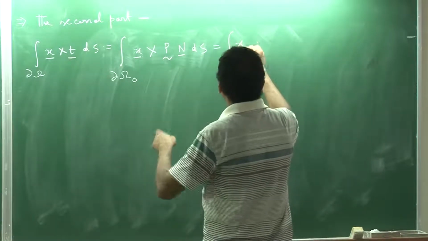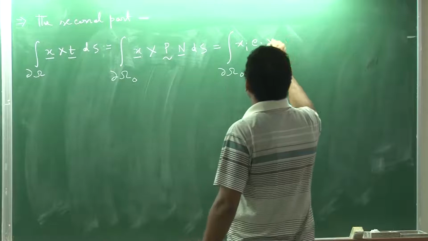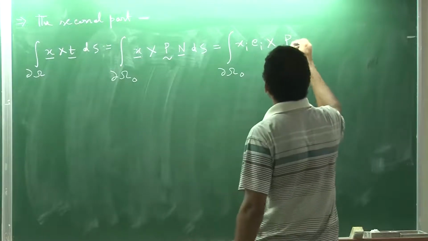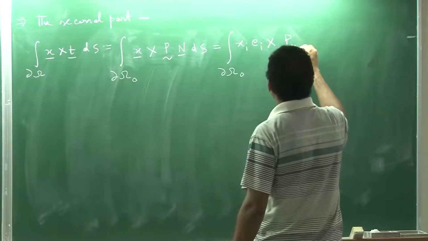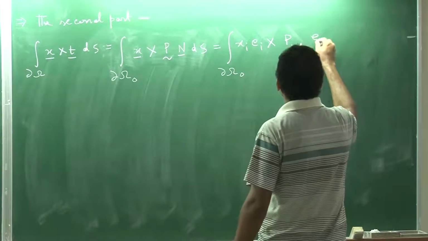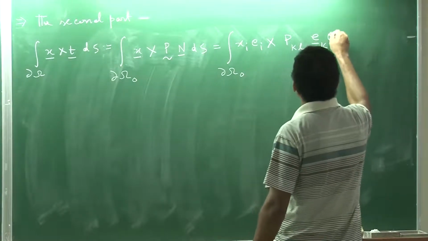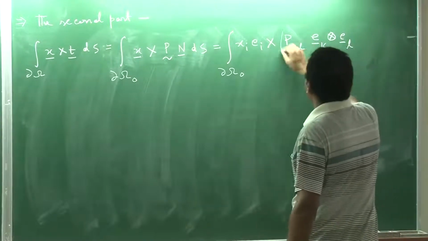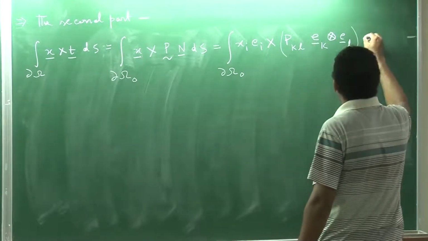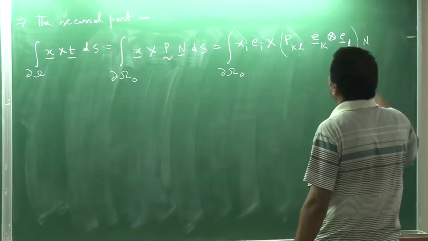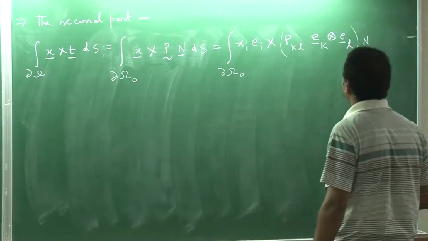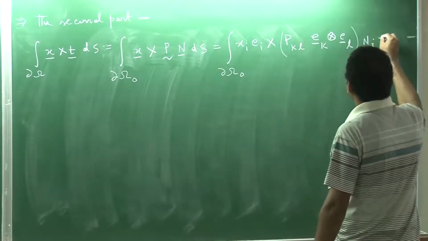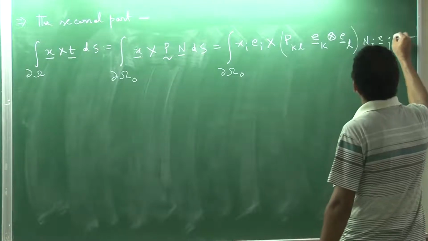This is x_i e_i cross, p will be p_kl e_k dyad e_l, okay, and n, I am going to write maybe I_jkl, I_kl_j n_j e_j ds, okay.